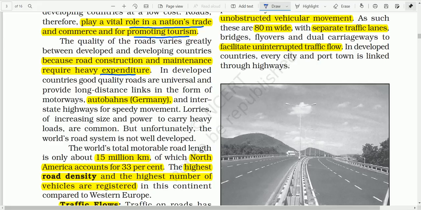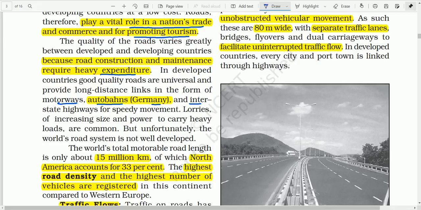In developed countries like the USA, Canada, the United Kingdom and other European countries, good quality roads are universal, very common, and provide long distance links in the form of motorways and expressways. These are known as autobahns in Germany, and interstate highways in the USA, for speedy movement.